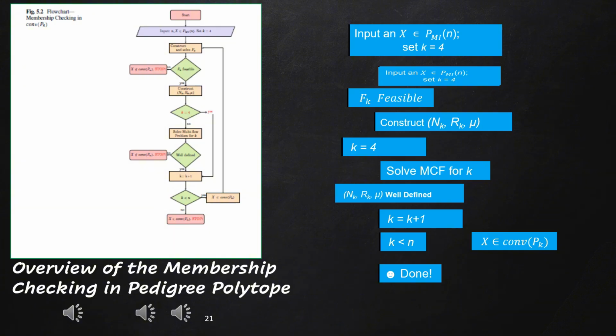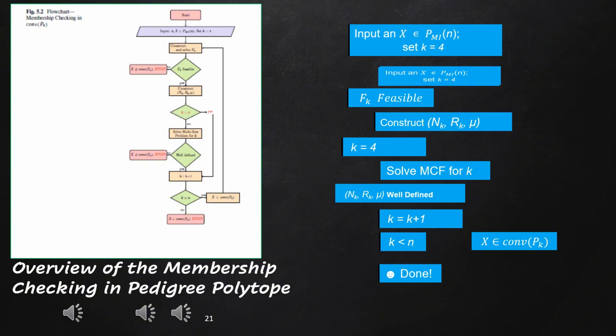Otherwise, we go ahead and construct Nk, Rk, mu, and we need to do something more, that is we find a multi-commodity flow problem and check whether that problem is feasible.